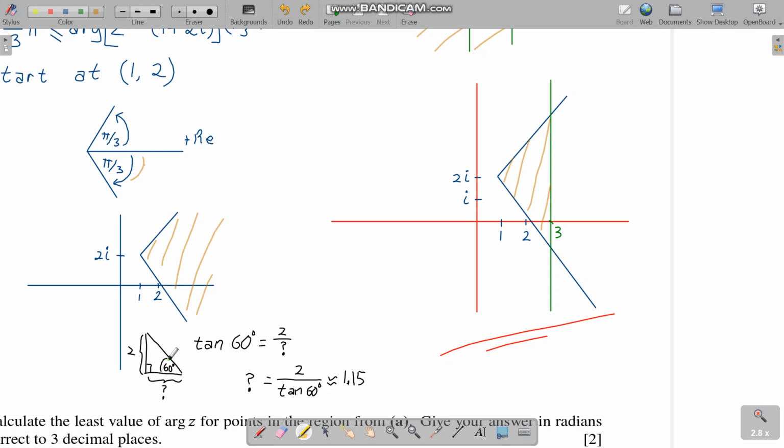So tangent 60 degrees is 2 over this question mark, so the question mark is 2 over tangent 60 degrees, which, if you use a calculator, is around 1.15. This means the distance from this point to this x-intercept is more than 1. So it has to be 2 point something, to the right of 2.